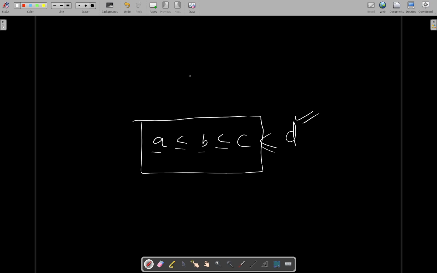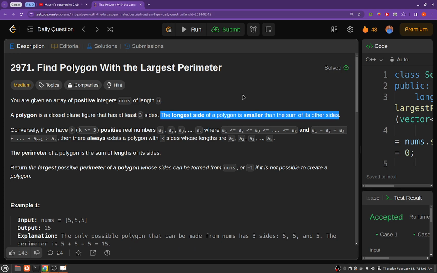And the number of sides should be greater than or equal to 3, at least 3. So conversely, another way of saying that is, if you have k number of sides and k is greater than or equal to 3 and all the sides are positive real numbers, and this condition holds, so they are in this order.